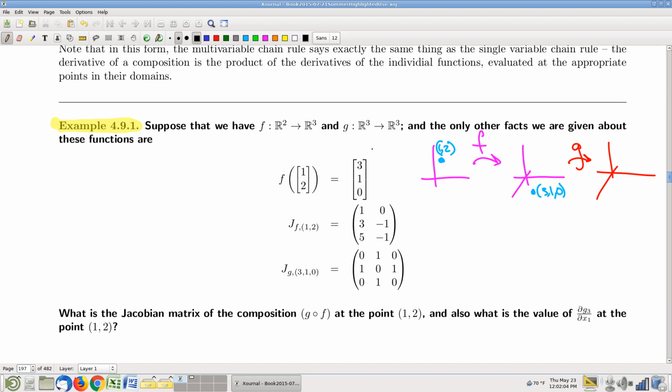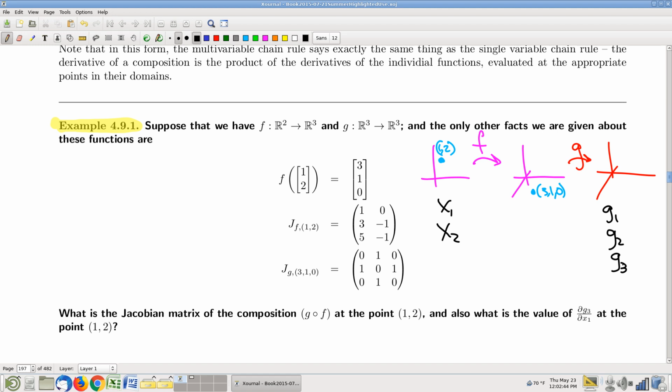What I was hoping would be inferred from how I wrote this is that x1 and x2 are the variables in the R2, in the far left domain. There's only two input variables. And that g1, g2, and g3 are the variables in the eventual target space.